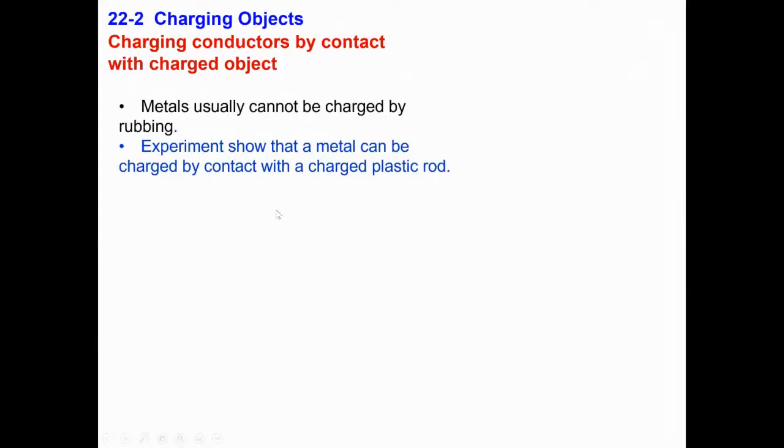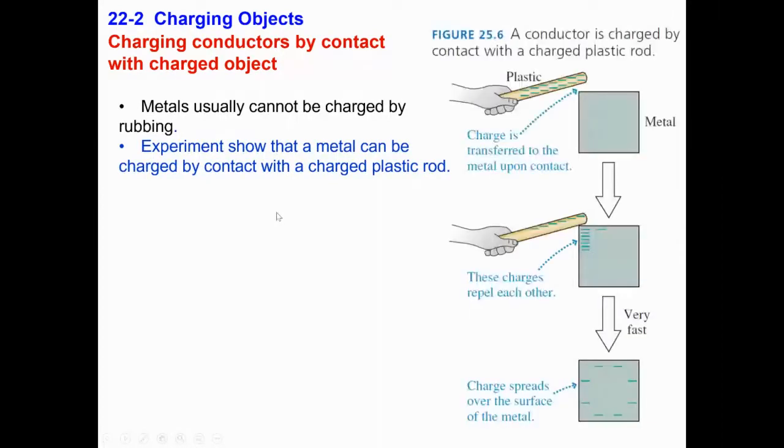All right, so let's move to charging a conductor. There are actually different ways of charging a conductor. So what you can do, for example, is charge a plastic, which is an insulator. Let's assume this is a plastic here that is negatively charged, and when you touch the metal, this is now interesting.